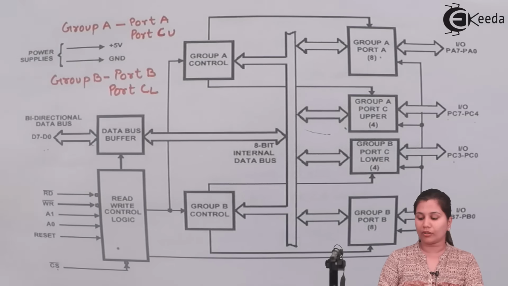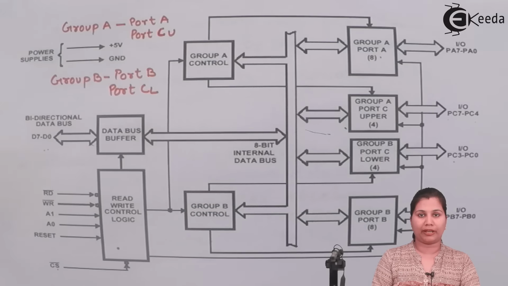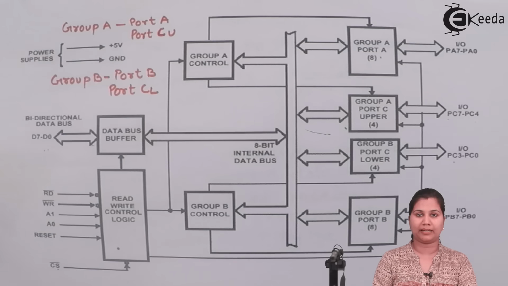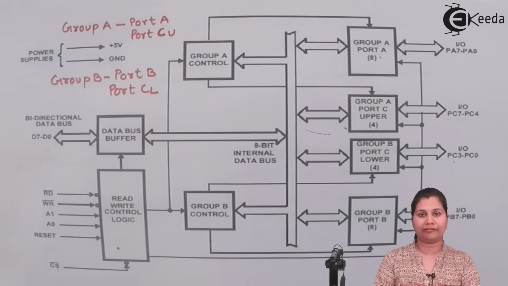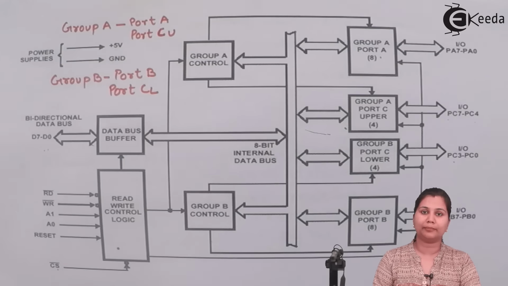We studied the features of 8255, that it is a 40-pin IC. Then we studied the pin diagram and the description of all the pins of 8255, and in the last we studied the block diagram of 8255, describing the functions of all the blocks of the programmable peripheral interface.